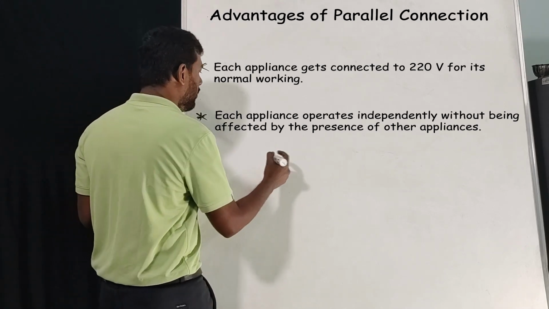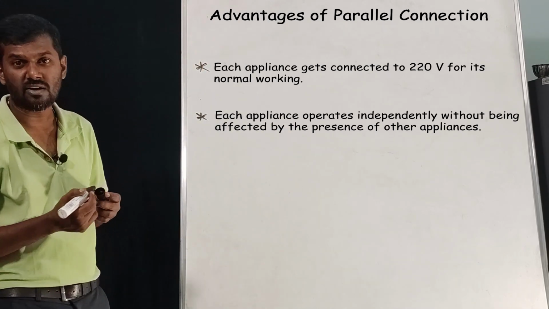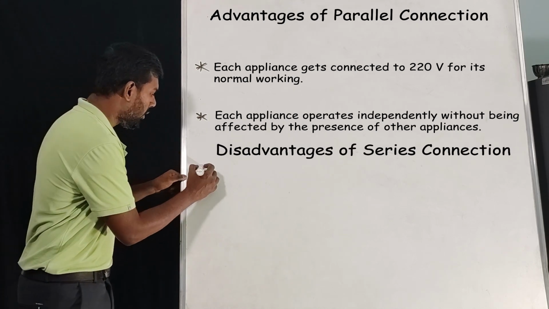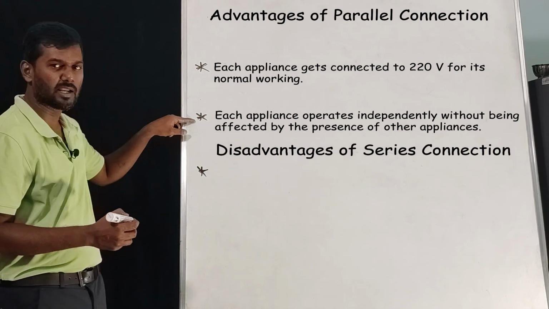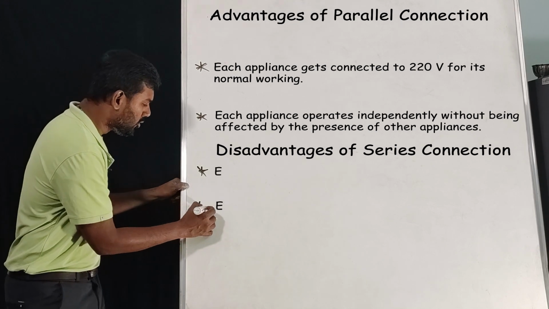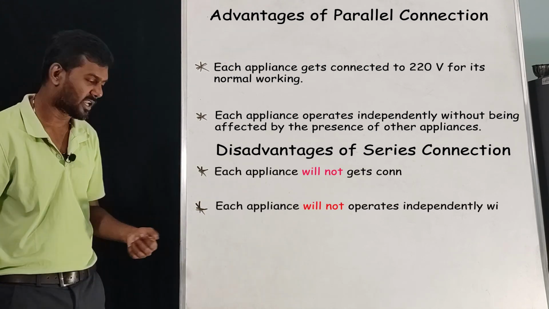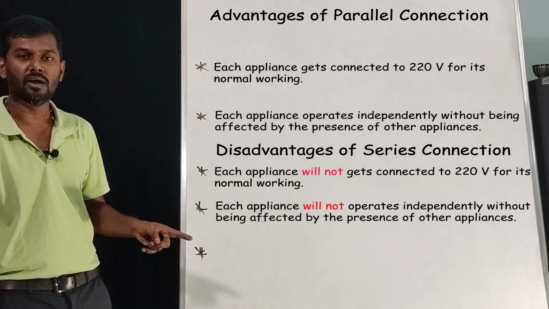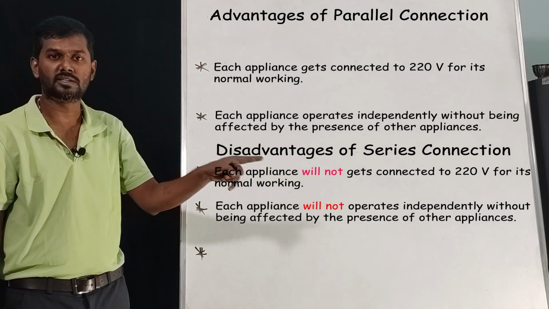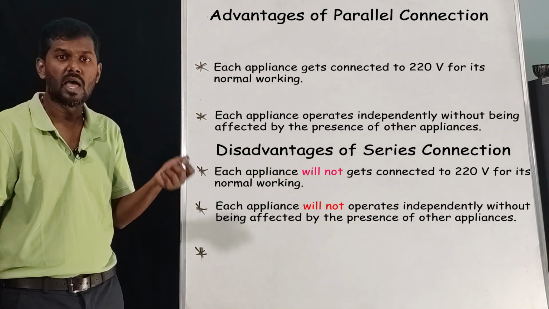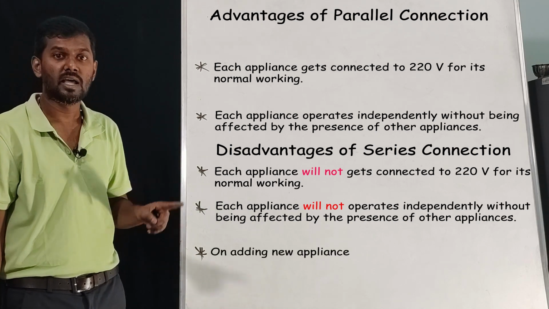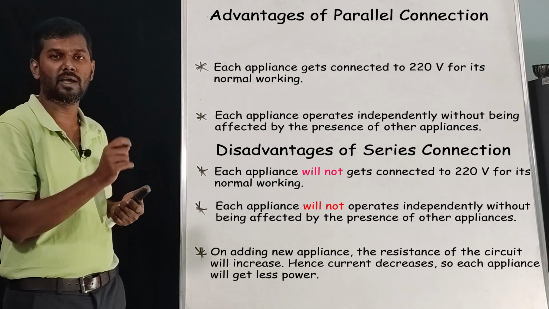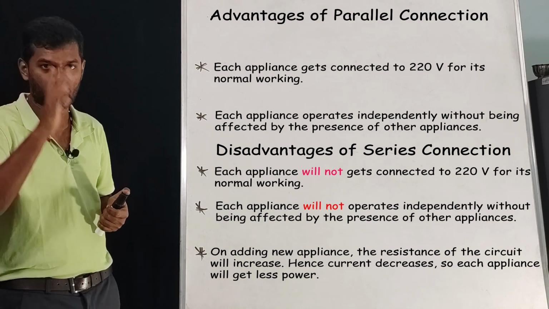Okay, then we'll go for the disadvantages of series connection. Those will be the two disadvantages in series connection. And one more thing: whenever we add a new appliance, the resistance will increase, and the new appliance and all the appliances will receive less power.